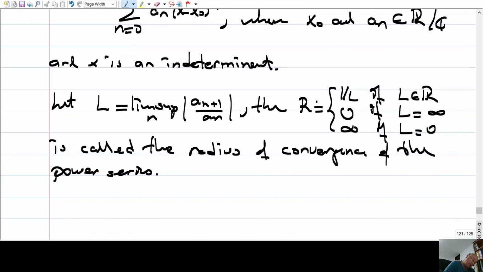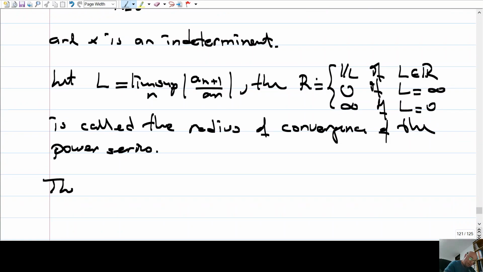Okay. And we have a well-known result which tells us when the power series is convergent in terms of the radius of convergence. So assume the above setup.